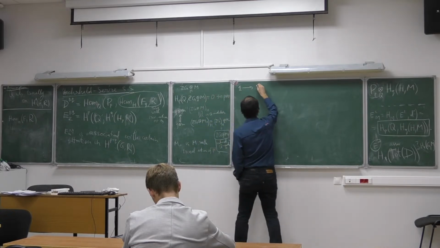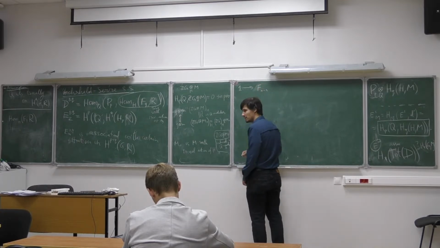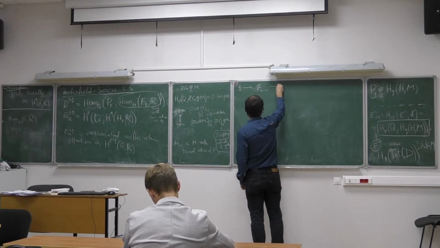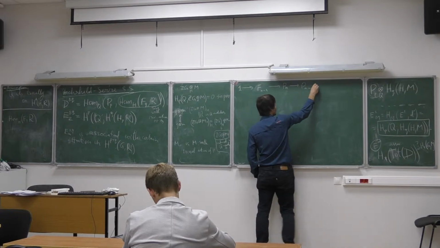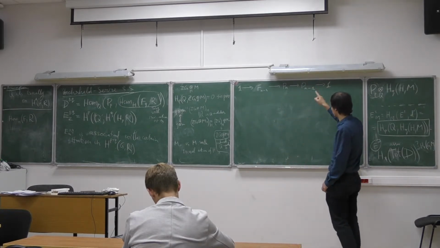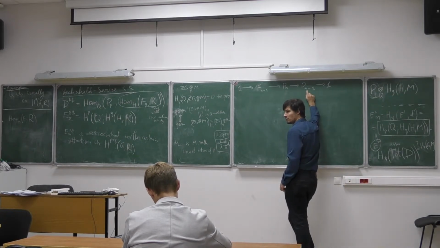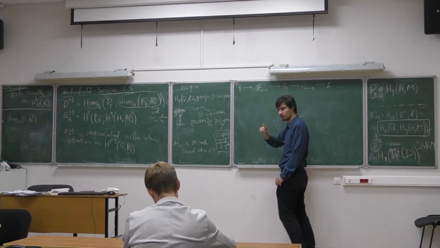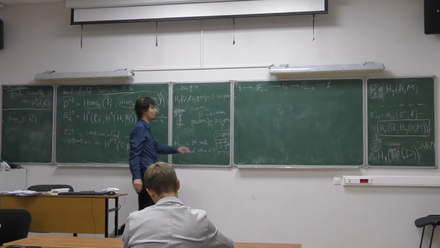We have this particular split short exact sequence, which we have already discussed several times. This is the pure braid group. This is forgetting the last strand, and this is how the last strand goes around the first n minus 1. This is a free group.